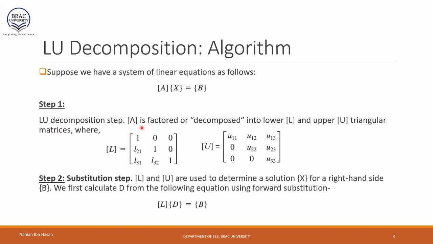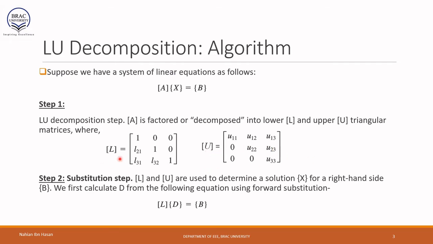We have to decompose the A matrix into two separate matrices. The first matrix is called the L matrix, which is a lower triangular matrix, and the second matrix, the U matrix, is the upper triangular matrix.